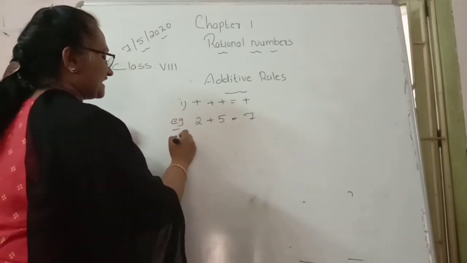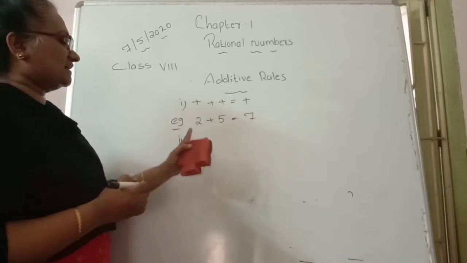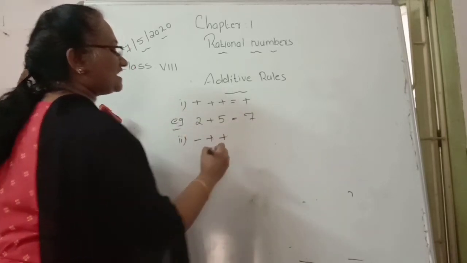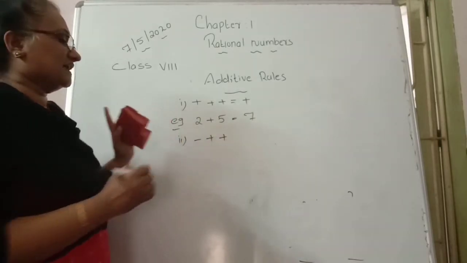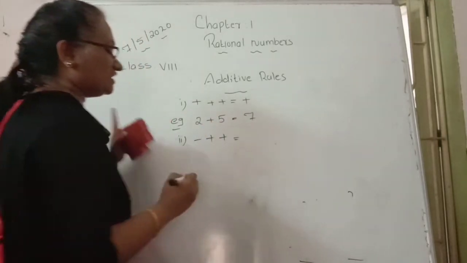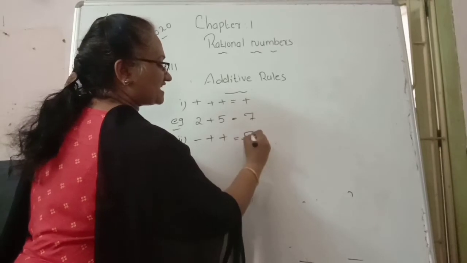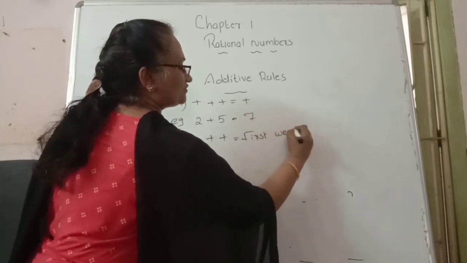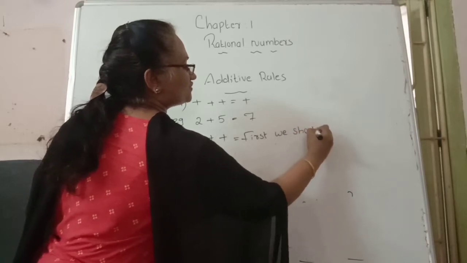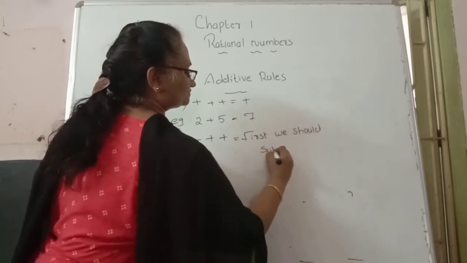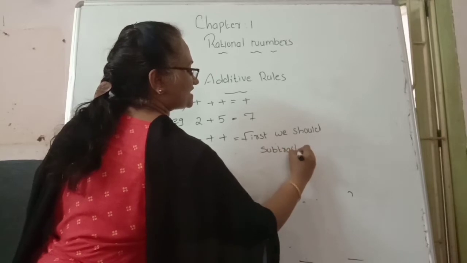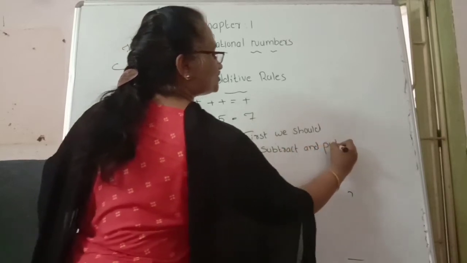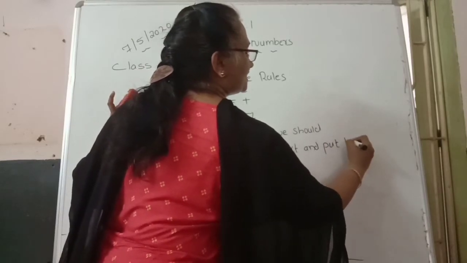Same way, the second rule says that one is a negative integer and the other is a positive integer. At that time, what we want to do is first subtract, and afterwards put the sign of the bigger number.